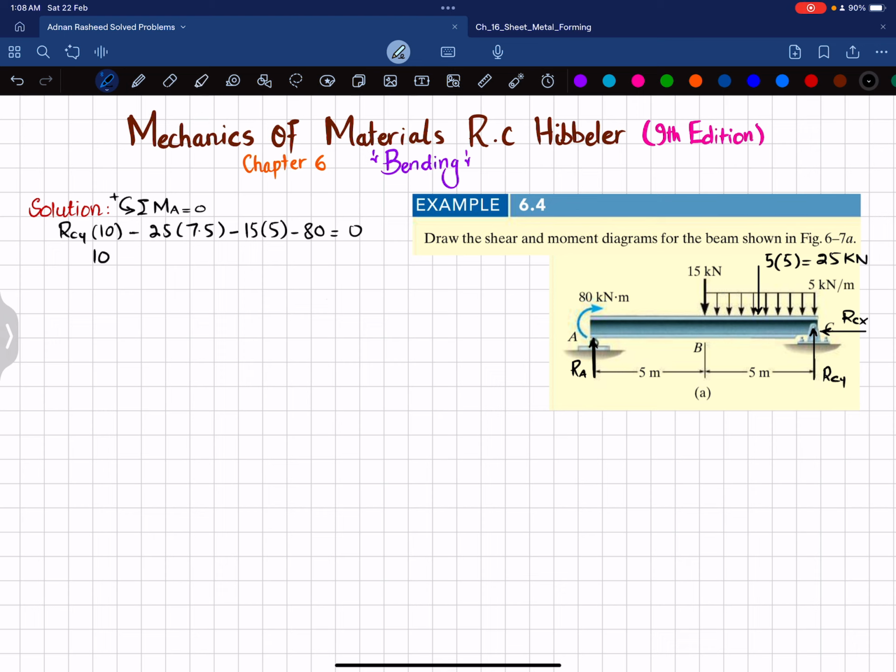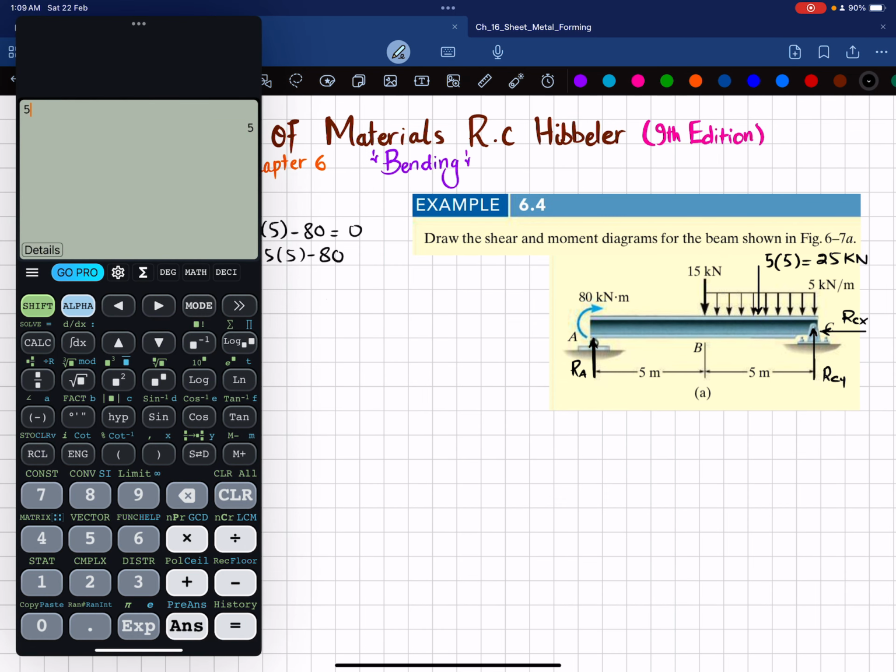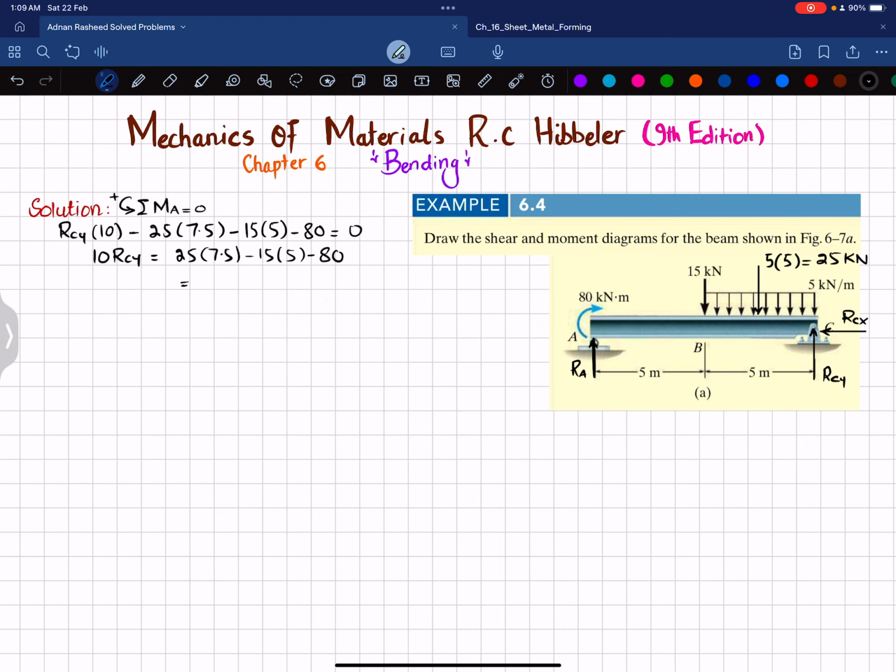So from here I will get 10 RCY is equal to 25 into 7.5 minus 15 multiplied by 5 minus 80. And when you calculate this, 25 multiplied by 7.5 will give you 187.5, minus 15 into 5, which is 75.